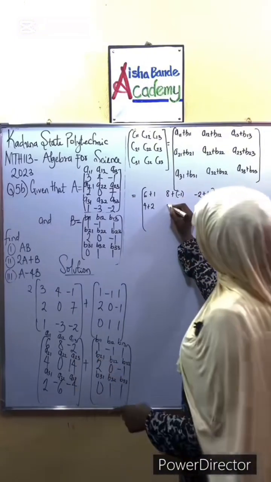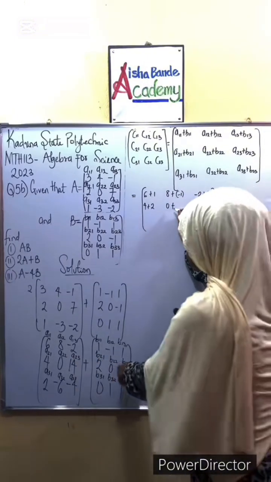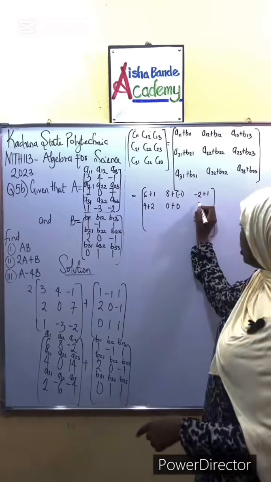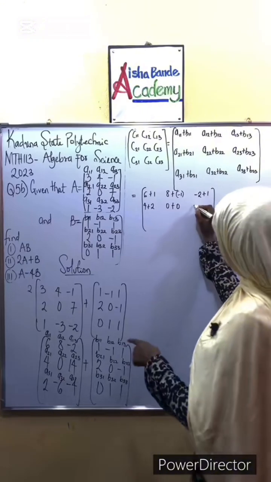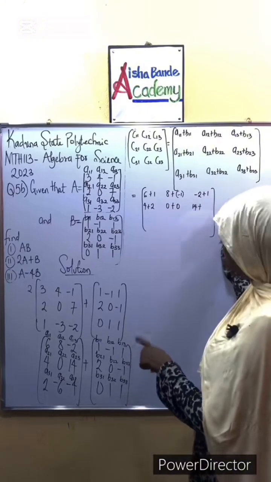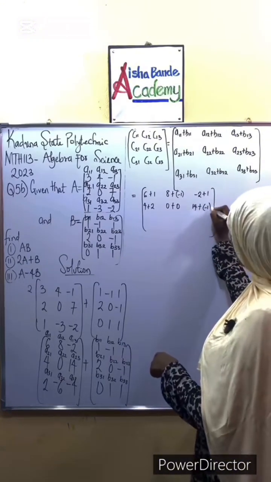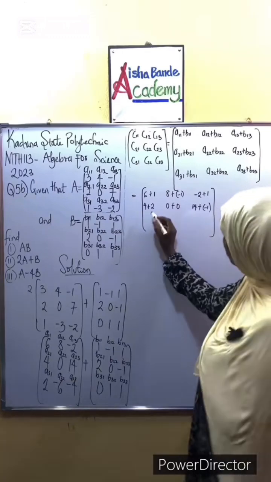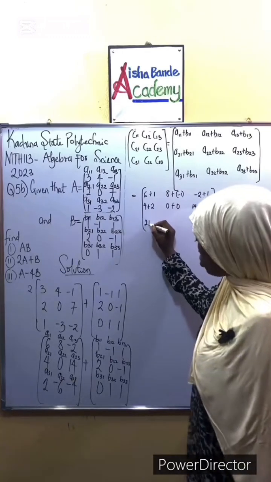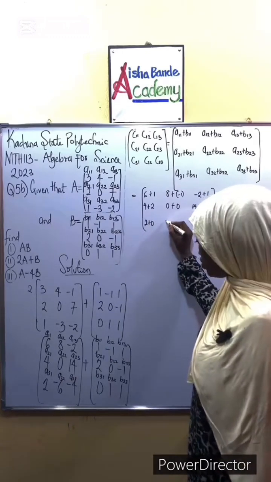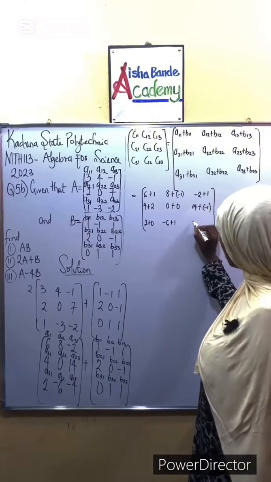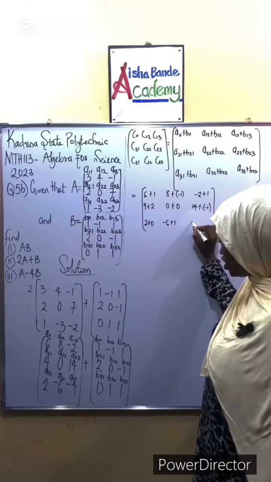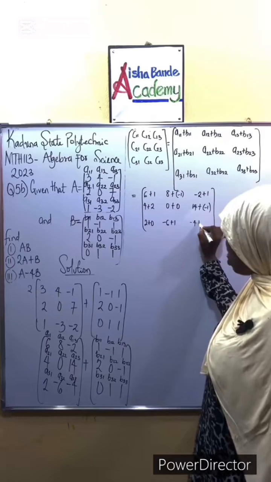Then A22 is 0, plus B22 is also 0. For C23, A23 is 14, plus B23, which is minus 1. To the last row, A31 is 2 plus B31 is 0. Then we have minus 6 plus 1. The last one, A33, is minus 4 plus 1.